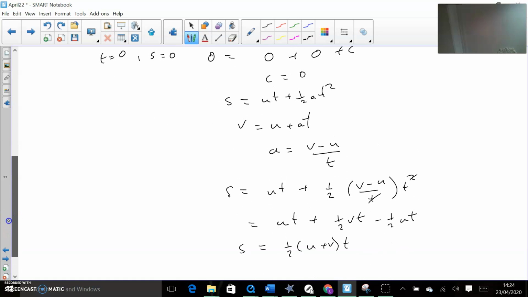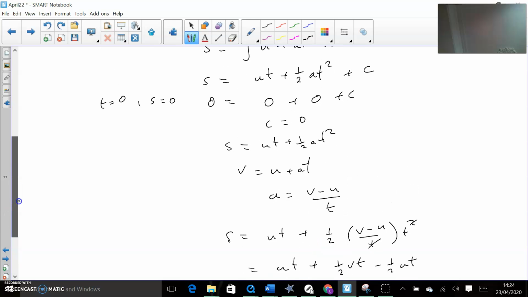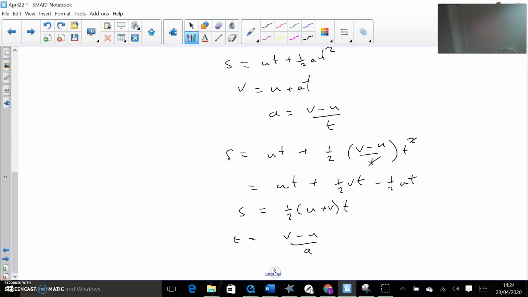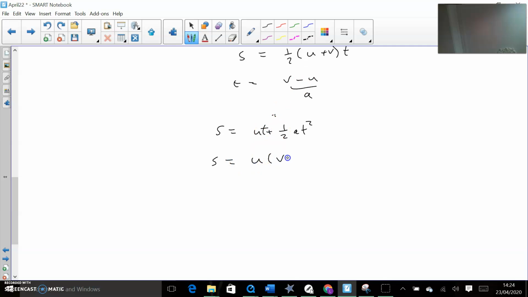If we eliminate t, so if we write t equals v minus u over a, and substitute that into s equals ut plus a half at squared, then we will get s is u times v minus u over a plus a half a times v minus u over a, squared.